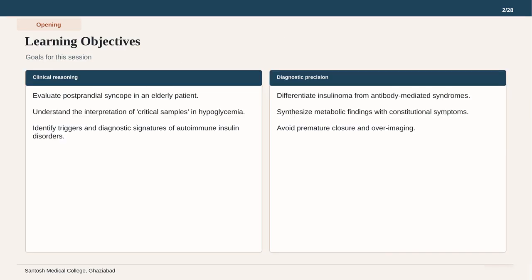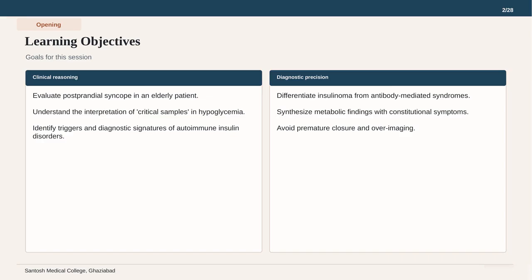Looking at the two columns on this screen, you can see our core learning objectives divided into clinical reasoning and diagnostic precision. On the left, our clinical goals are to evaluate postprandial syncope in an elderly patient, understand how to interpret critical samples during hypoglycemia, and identify the specific triggers of autoimmune insulin disorders.